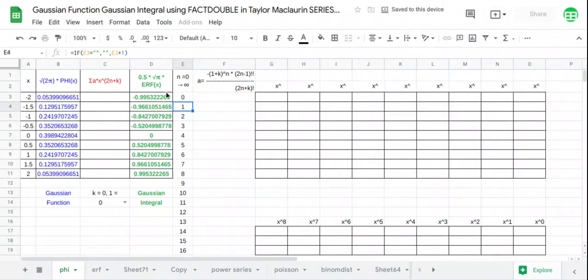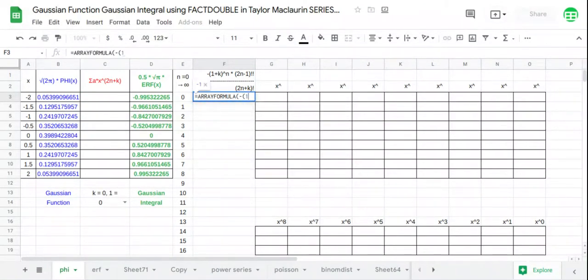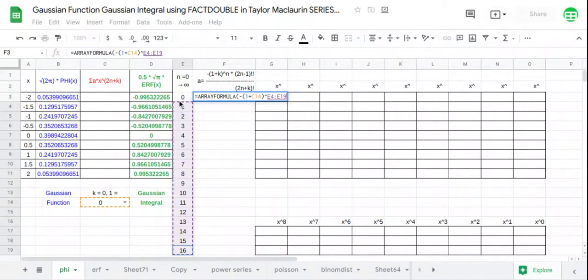16 is good enough. And the coefficient, the expansion coefficient. So formula minus 1, that is the quantity minus 1 plus k raised to the power n. That's our n.